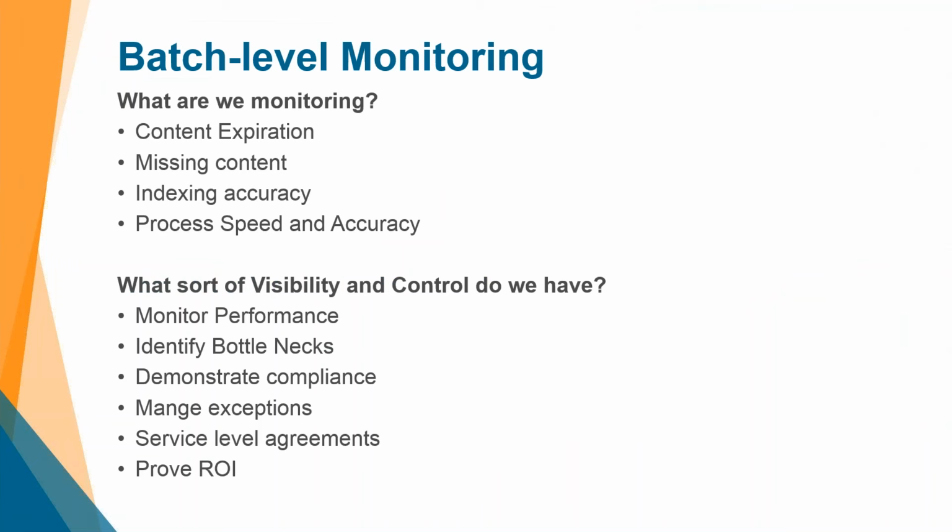Diving into it. Batch level monitoring. So what are we monitoring? There are a lot of different times when content expiration is important. Some businesses and some practices say that you must keep certain information around for a period of time for legal purposes. On the flip side, there are also times when after a certain level of time, you must delete documents and get rid of certain content.